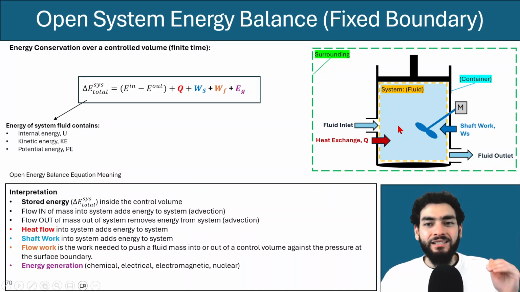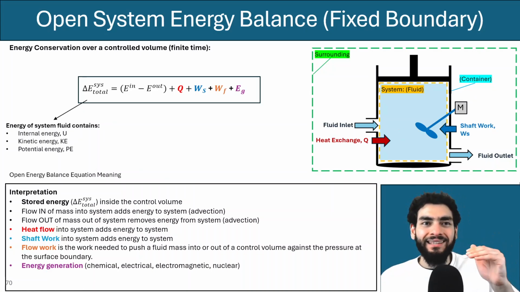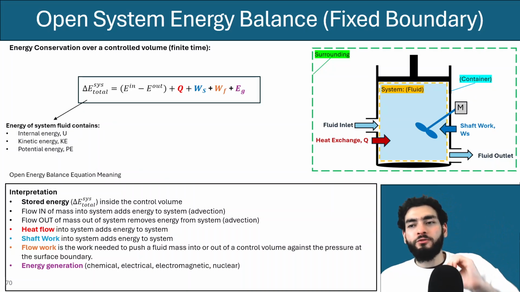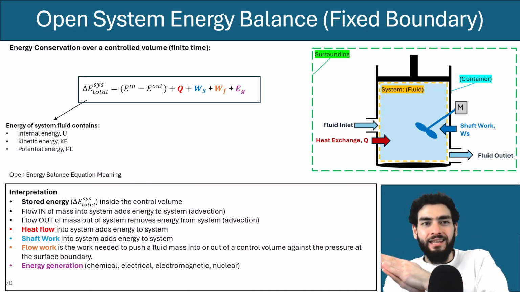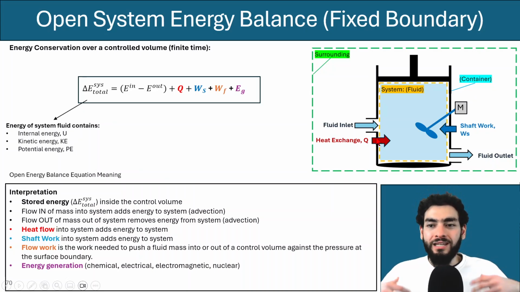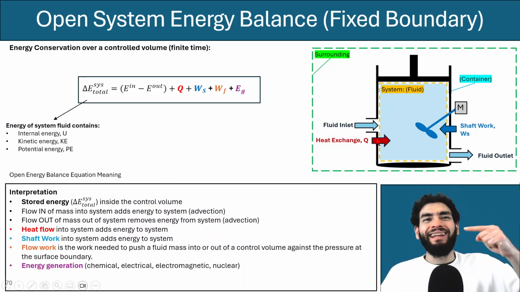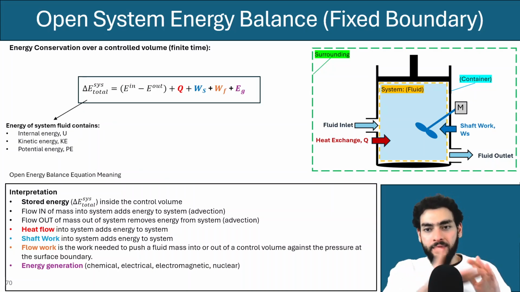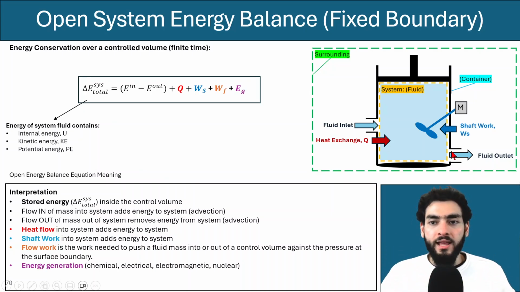Then you need to have that liquid pressurized at least to the pressure of the tank in order to push it inside. That is the surface boundary work that you need to apply onto the fluid so that it could enter the tank, and you need to account for that in the flow work.